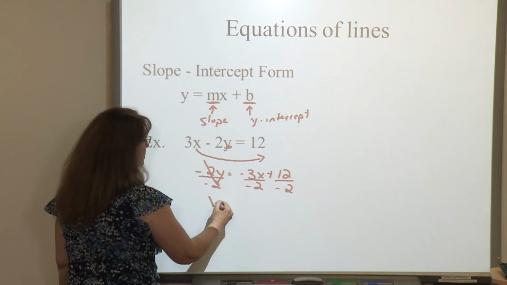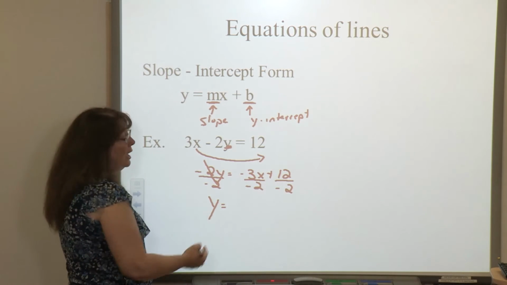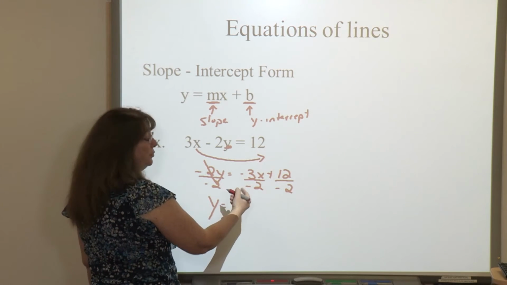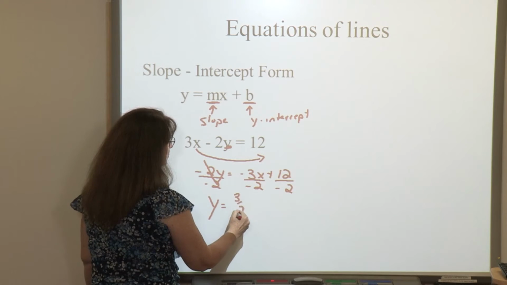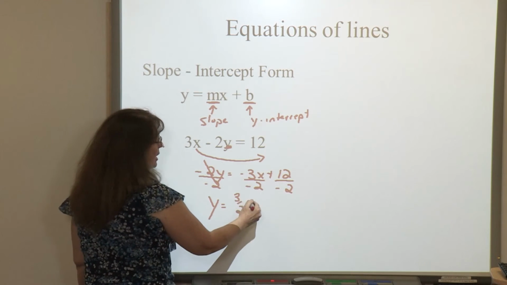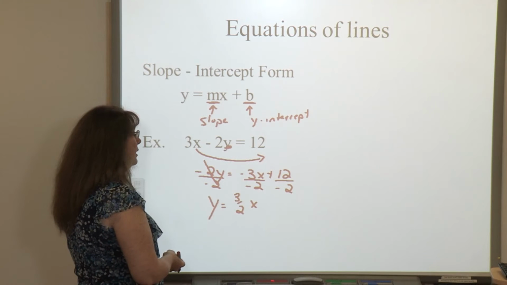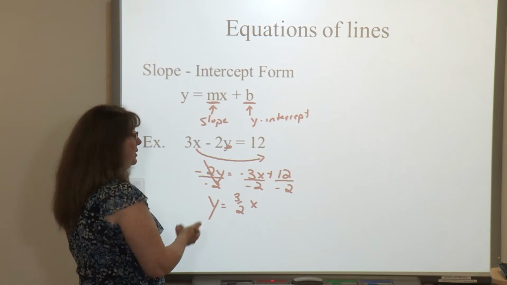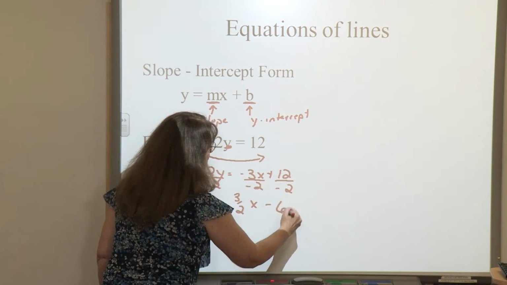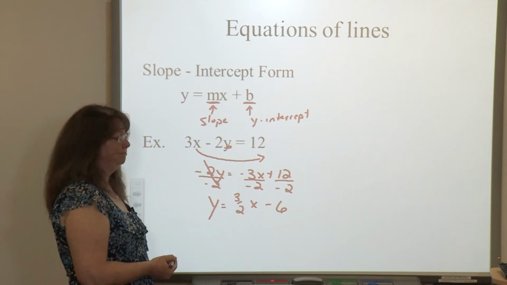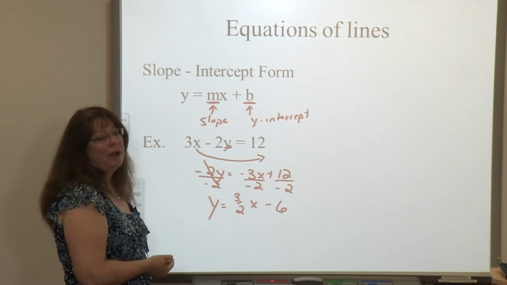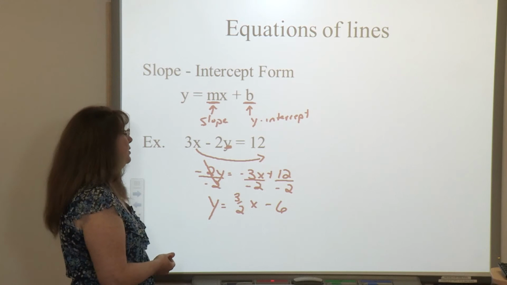I'll end up with y equals negative 3 over negative 2. And usually if you have a negative divided by a negative, they'll go ahead and write it as 3/2. Get rid of the negative signs. Minus 6.